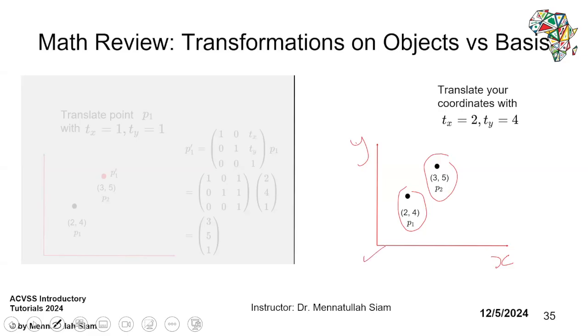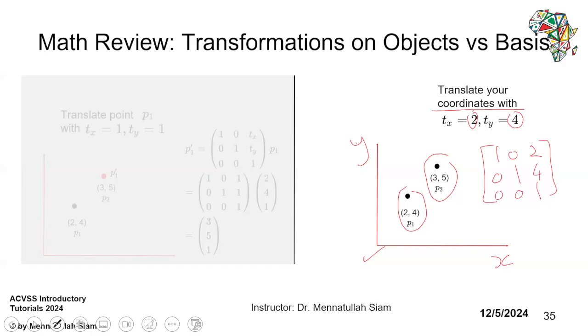So P1 is at 2, 4, P2 is at 3, 5. Now I want to translate the coordinates with tx equal 2 and ty equal 4. Normally the transformation matrix, if we're trying to do a translation, we'll just make 1, 0, tx as we agreed. So 1, 0, 2, 0, 1, ty, which is 4, 0, 0, 1.